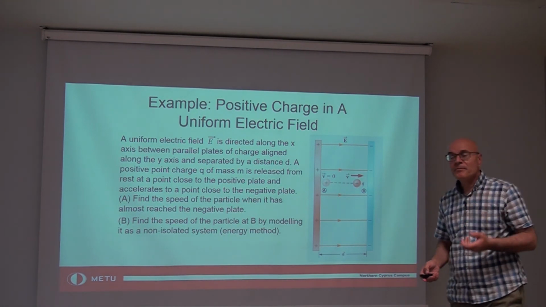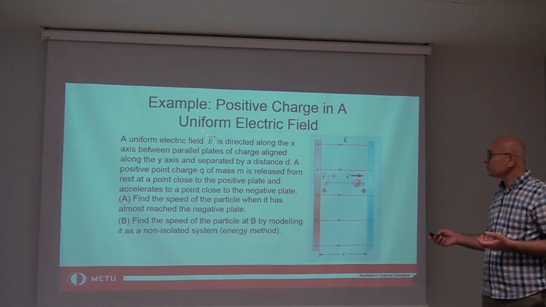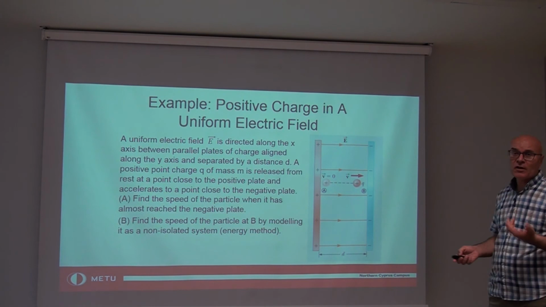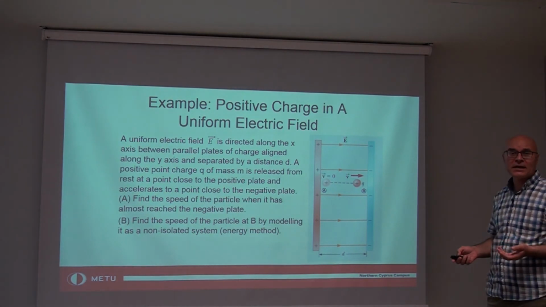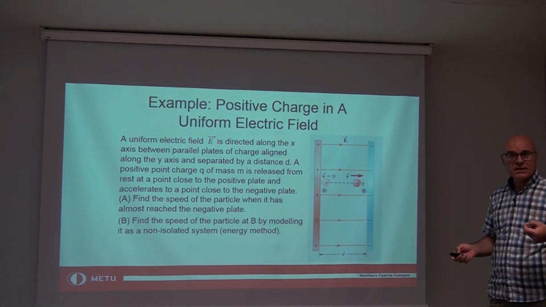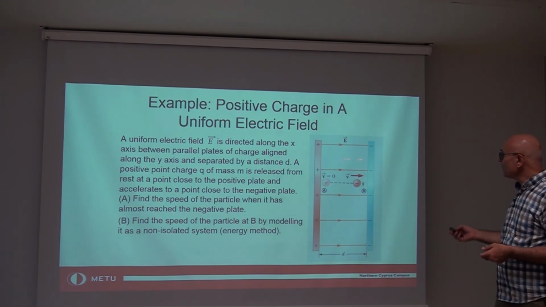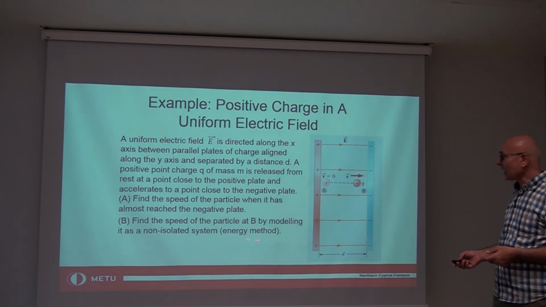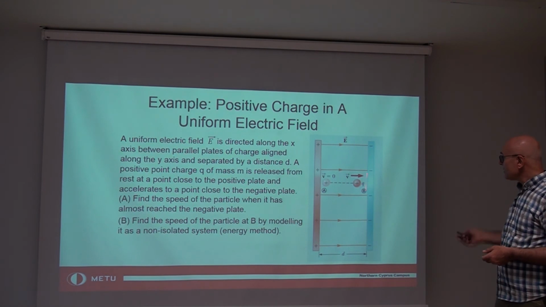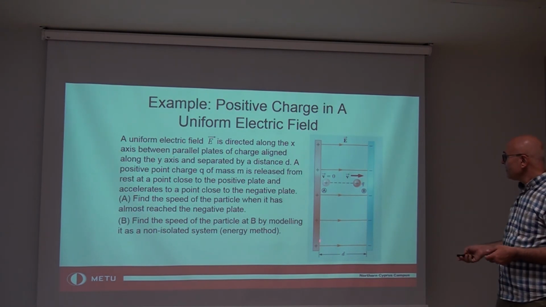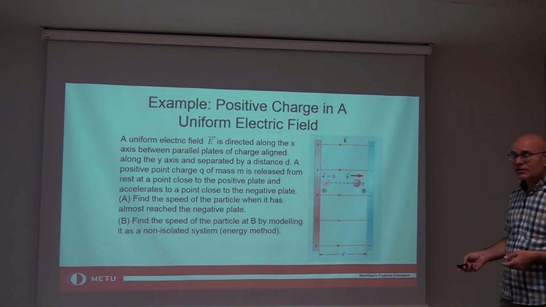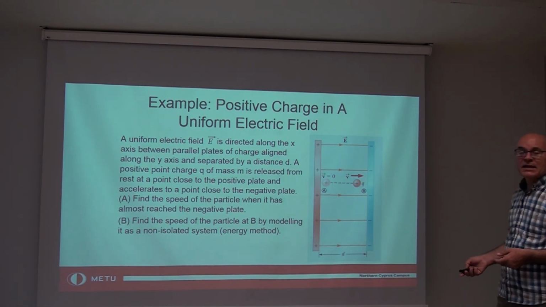Now, another example is a positive charge that is released in a uniform electric field. We will do this in more detail on the board, but the example is the following. You have a uniform electric field again, directed from left to right, along the positive x direction, and it is generated in the space between two oppositely charged planes, and the distance between the planes is d.